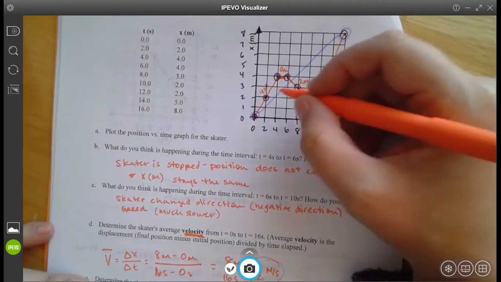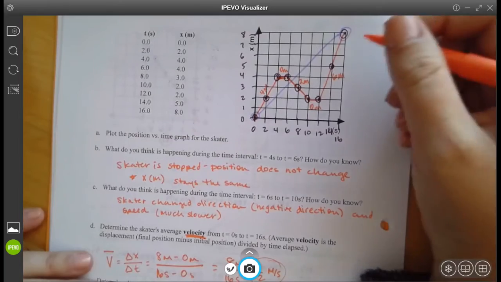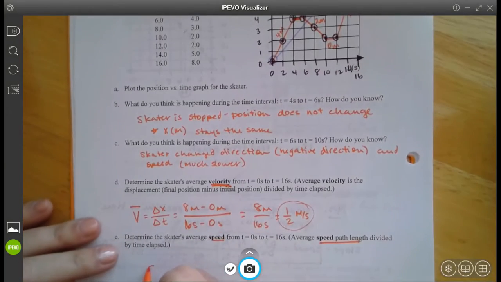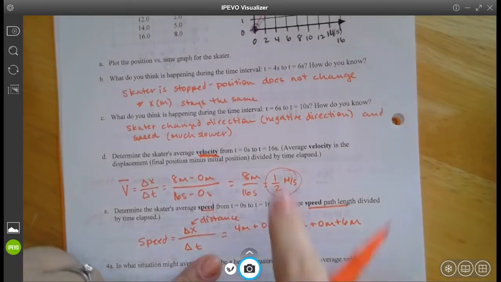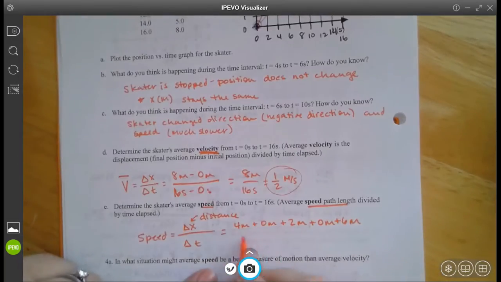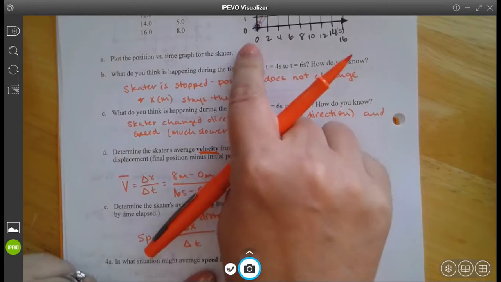So we're going to add all those together. We've got the zeros, we can decide if we want to use those or not. But to figure out speed, it's going to be our distance divided by our change in time. And that distance is going to be 4 meters plus 0 meters plus 2 meters plus 0 meters plus 6 meters, all those little legs from up here, divided by the total amount of time that's passed.